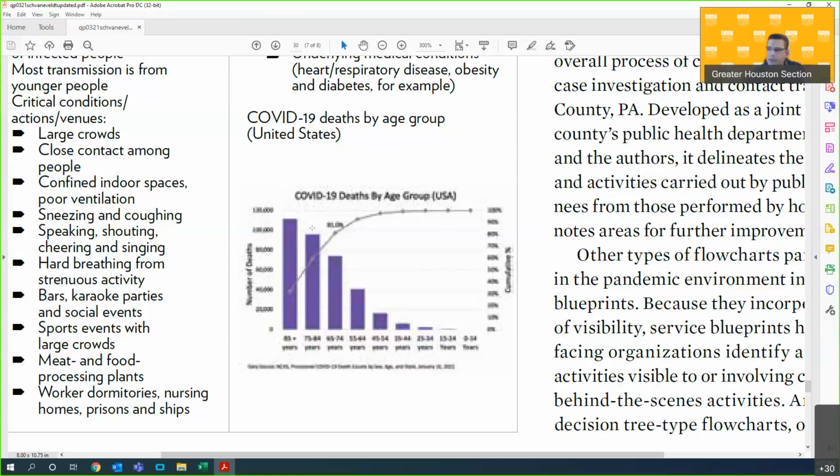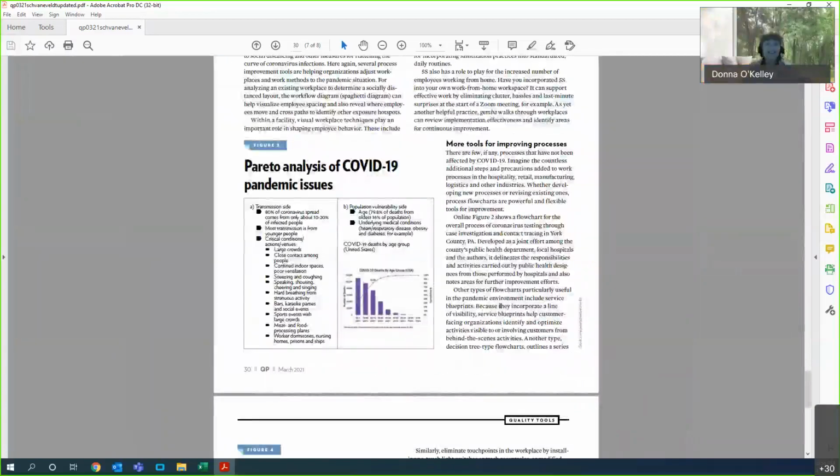On the second Pareto, just from this section over 80 years old, you do another Pareto of maybe diabetes, cancer, some preconditions, and that will give you a more specific priority. So that's my 2 cents on priority tools. Yeah, all these tools can be used iteratively over and over. Like on shampoo bottles, it used to say rinse and repeat. That's what we're doing here as well.